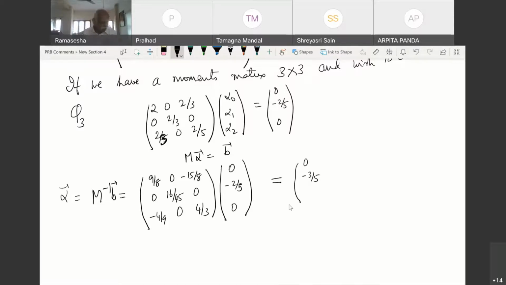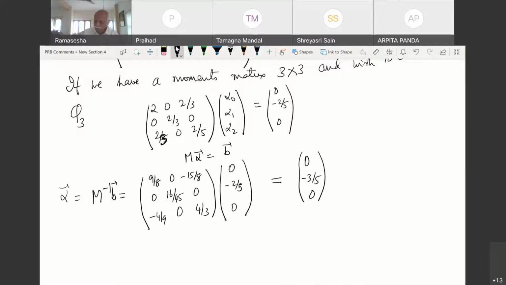So when I just multiply it, M inverse b, once again, let me just multiply it out. So this is going to give me 0, 0, minus 3 by 5, 0.